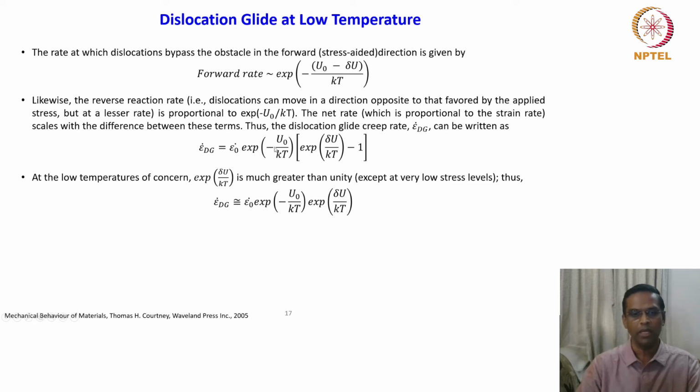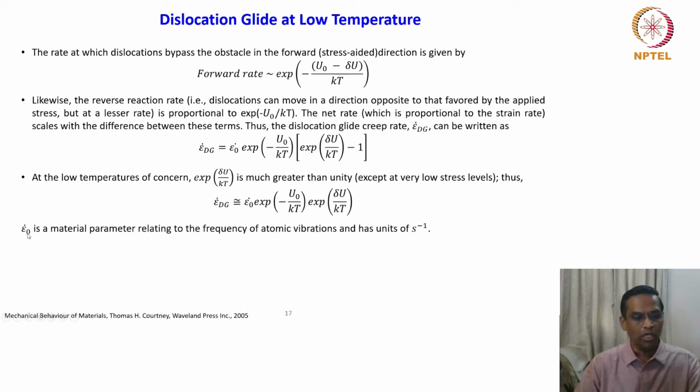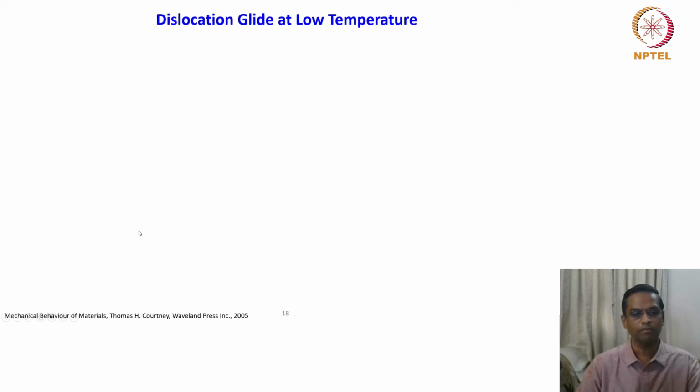So this can be written like this after we modify this exponential term. Epsilon dot naught is a material parameter relating to the frequency of atomic vibrations and has units of per second. So this is a material parameter.